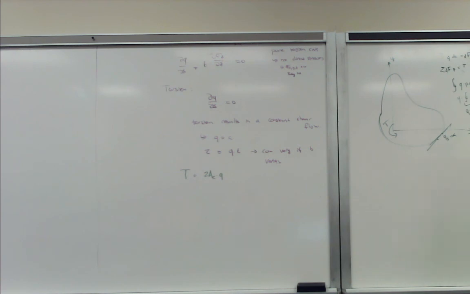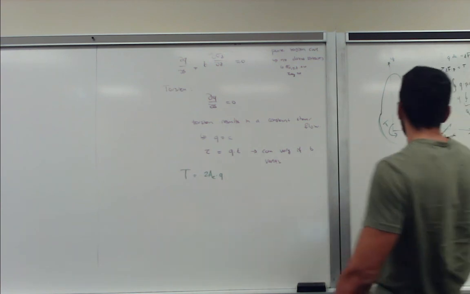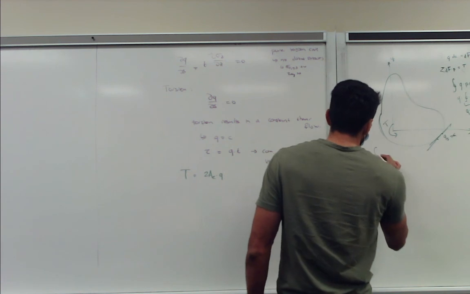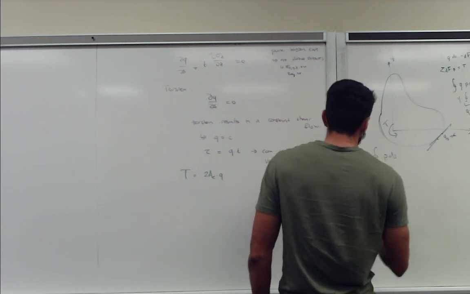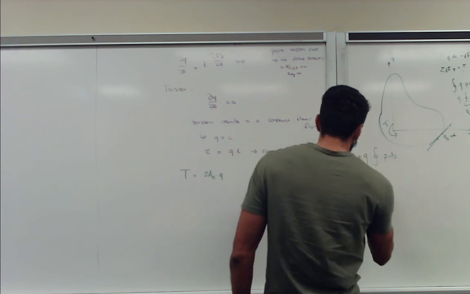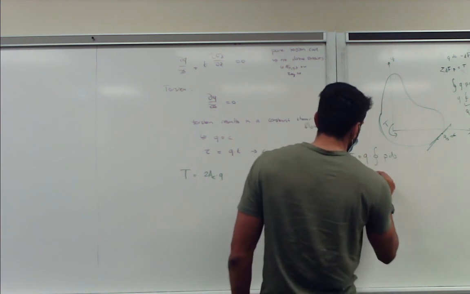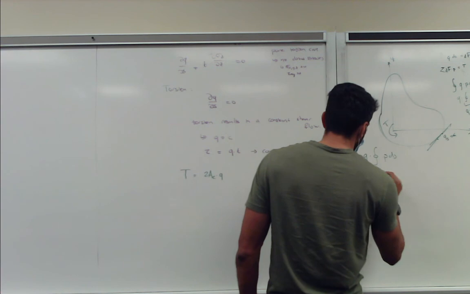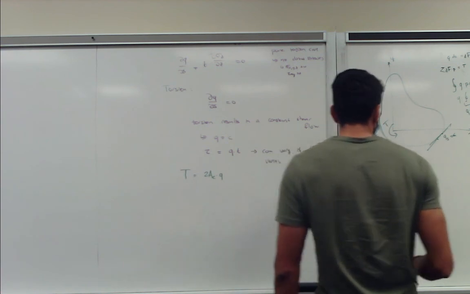So if you want the total torque, we need to do the moment around all those small segments around the entire cross section. So what we have to do is the moment arm times ds, that integral multiplied by q. And this part is known as twice the enclosed area times q.